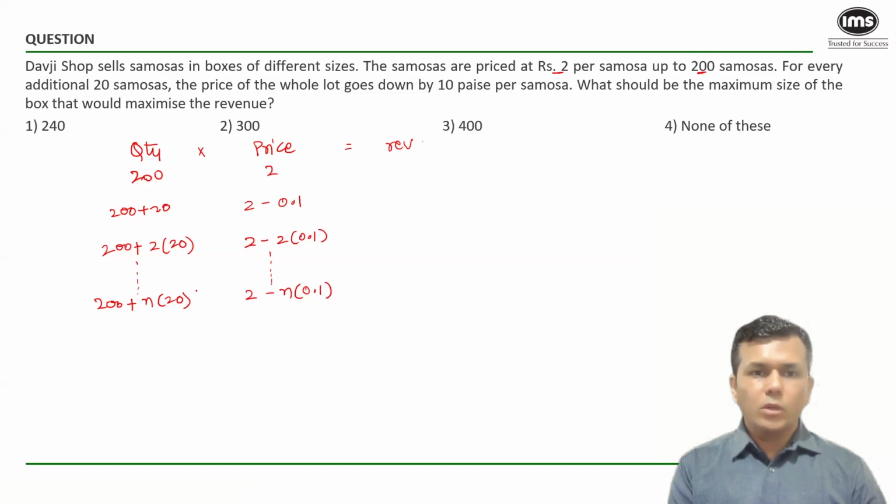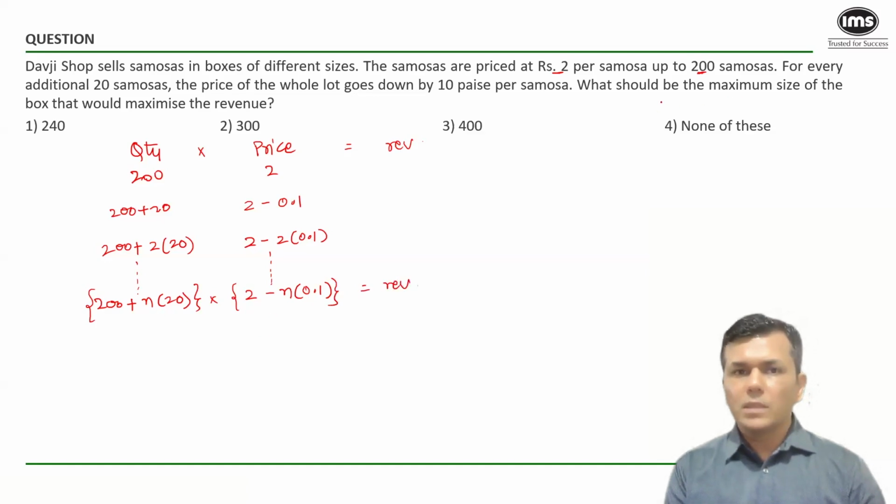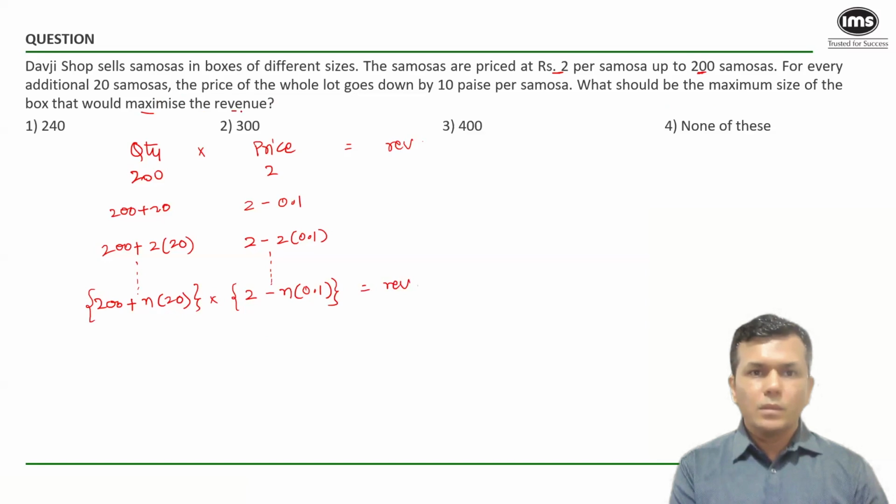And we know that the product of these two quantities, that is number of samosa into price per samosa, is going to be the revenue for the shop, right? And we need to maximize this revenue. So let's try to maximize this product. The product is going to be 400 plus 40n minus 200 into 0.1n, which is nothing but 20n.